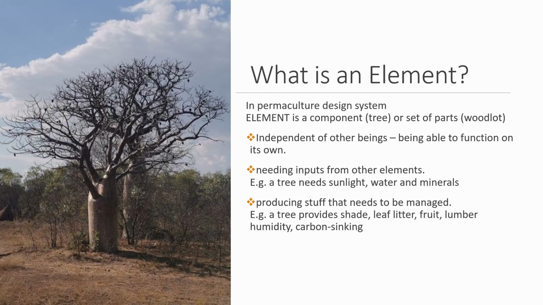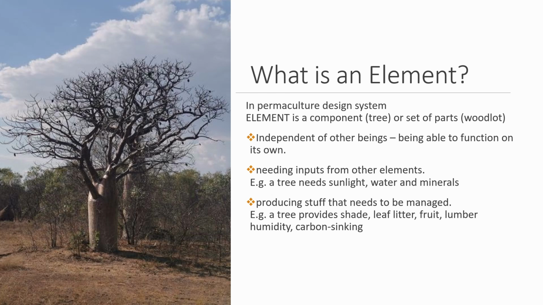But generally an element is independent of other beings, other elements. It's able to function on its own. And often they need inputs from other elements, such as a tree needing sunlight, water, and minerals.